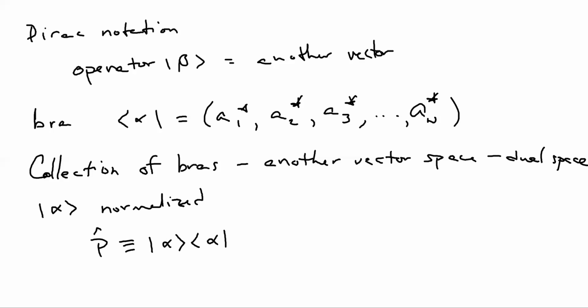So if P then acts on some beta vector, what you're really saying is that you are going to put that beta in here in this inner product, and then do an inner product with alpha. And you're going to pick out that part of beta that lies along alpha.